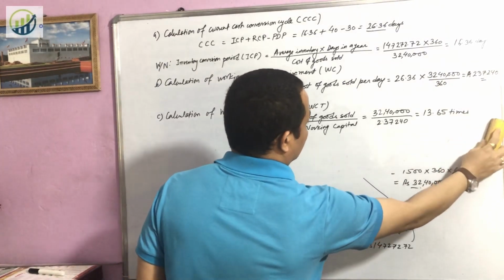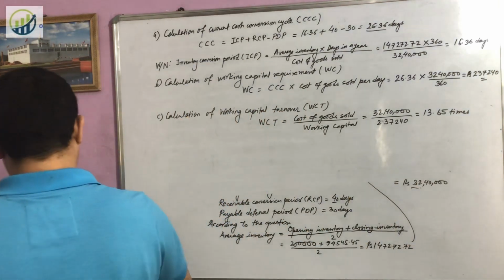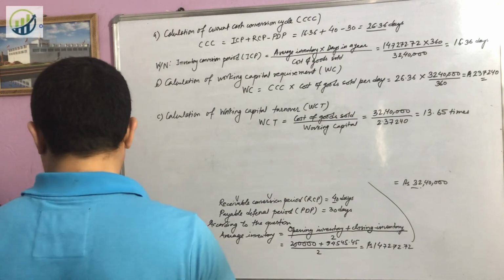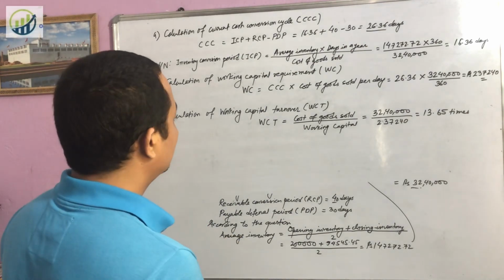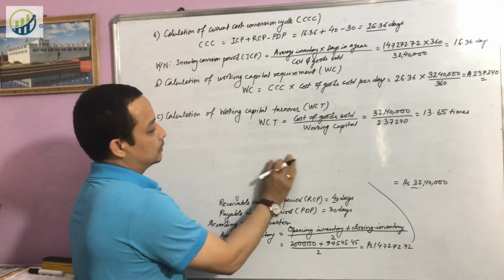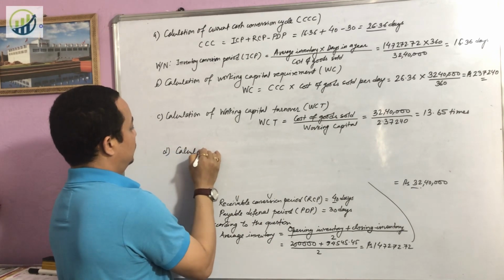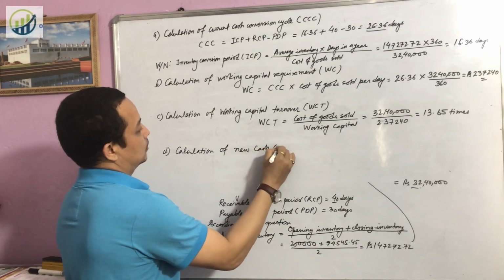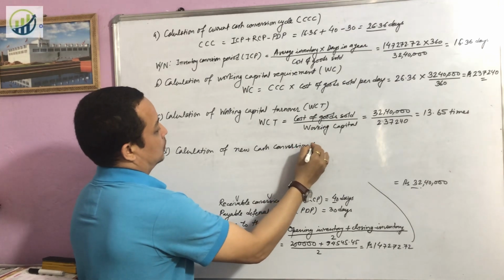There is a condition given there. So if this firm toughens its collection policy and makes the customer pay within 30 days, what will be the new cash conversion cycle? So here, calculation of new cash conversion cycle.